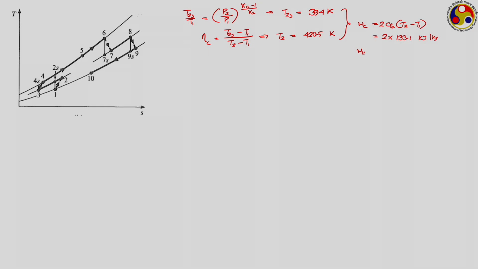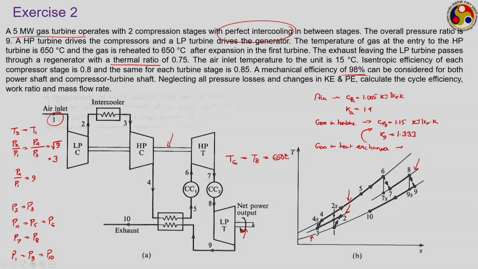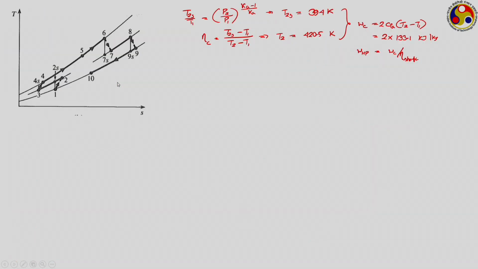Therefore, the work that the HP turbine needs to produce should be equal to this compression work divided by the efficiency of the corresponding shaft, that is the compressor turbine shaft, which has a mechanical efficiency of 98%.